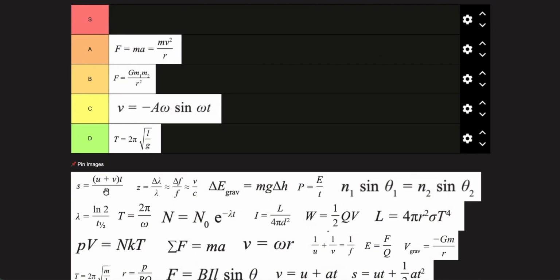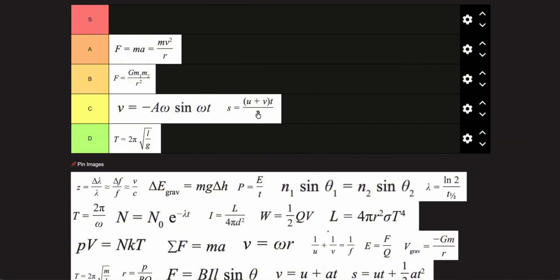This is one of the SUVAT equations, the next one. Students find it hard to use, so I'm gonna put it in tier C, even though it's easy to derive because it's a consequence of Newton's laws of motion, pretty much. So it's not a fundamental equation.